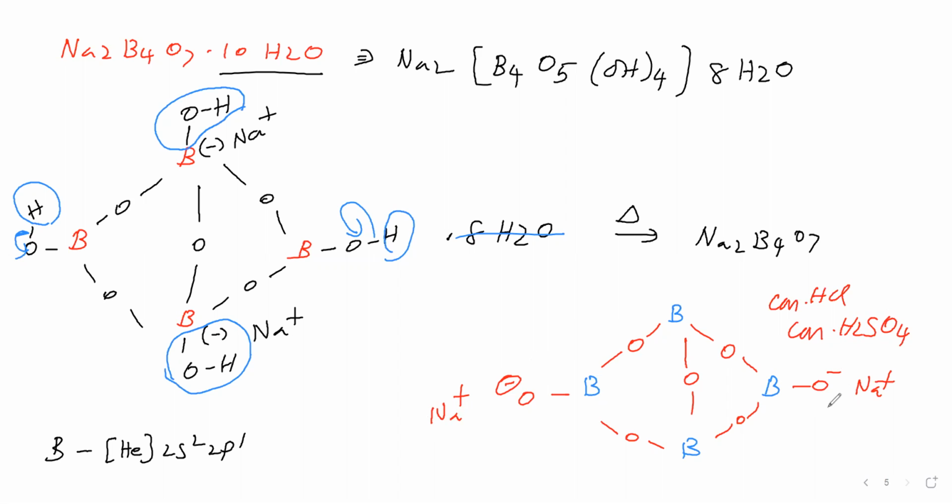Here also H plus is coming. We will see the structure becomes like this. Here instead of Na plus we are writing H plus. Okay, we got it like this. This is called tetraboric acid.